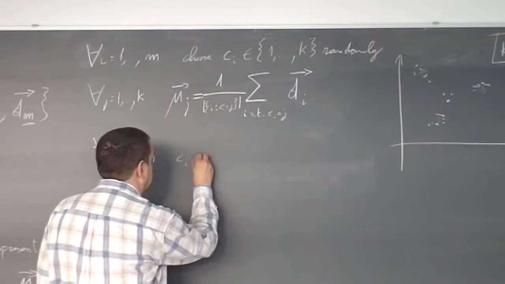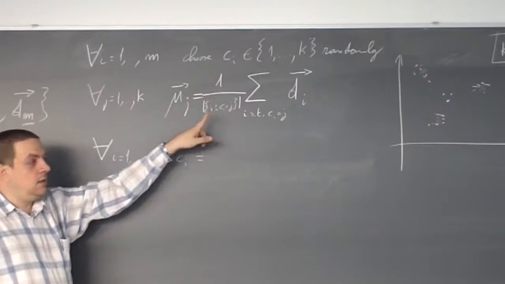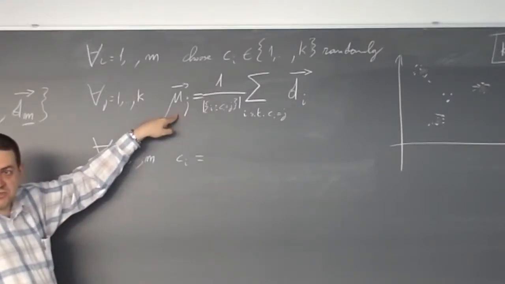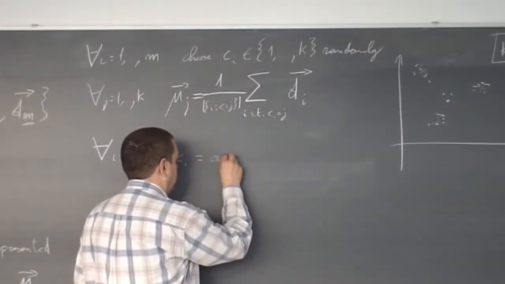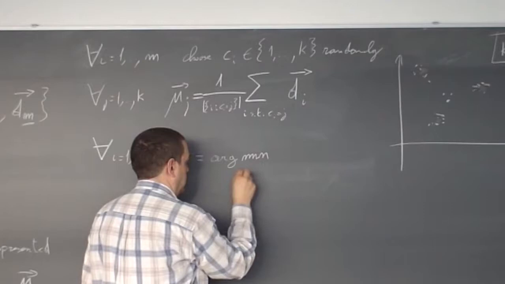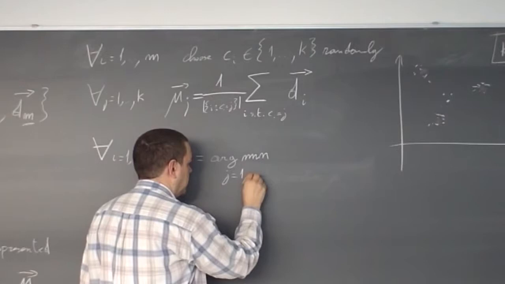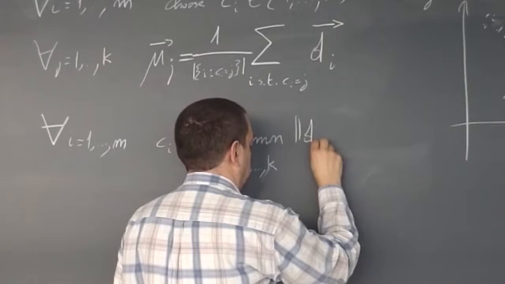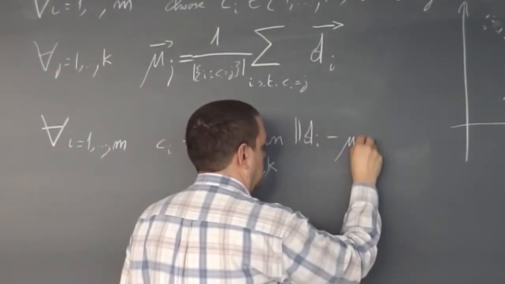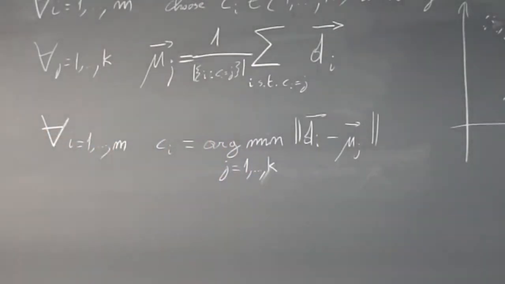But of course, in this case, rather than doing it randomly, we can use the position of this cluster. So, as said before, we choose the index of the closest representative in the current cluster set.